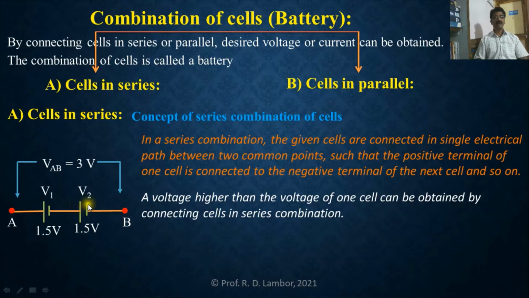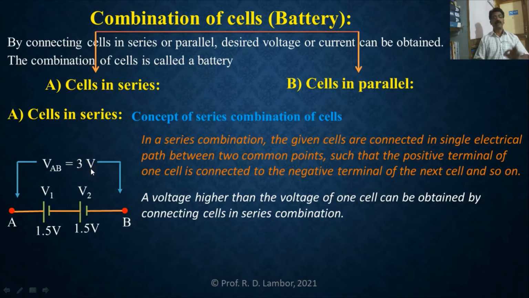In this case, the first cell has a voltage of 1.5 volt. The second cell also has a voltage of 1.5 volt, and they are connected in series combination. Then between the points A and B, the terminal voltage of this battery is equal to 3 volt.